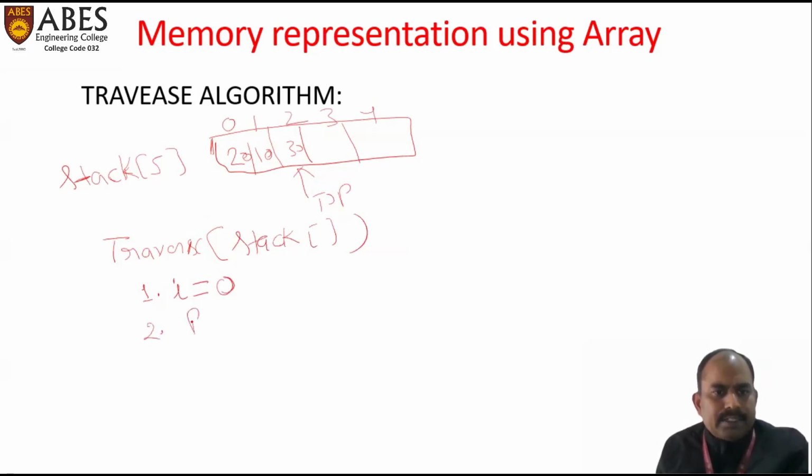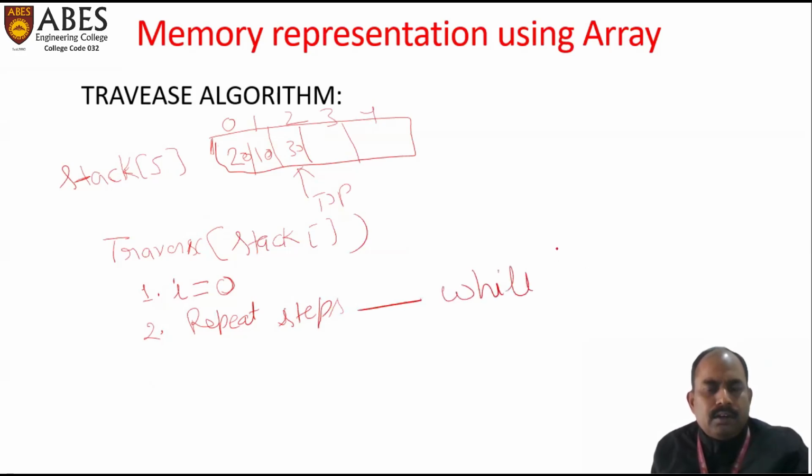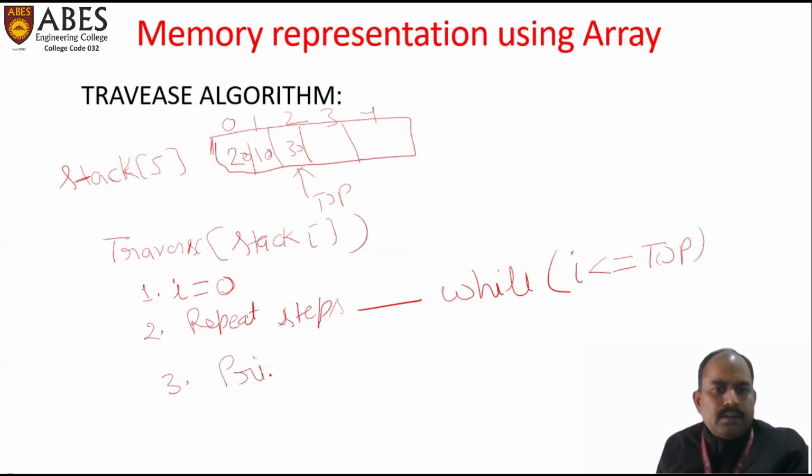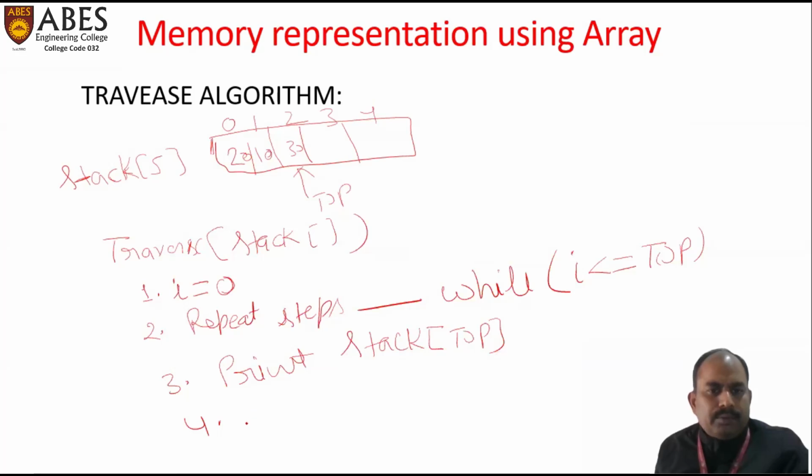Now, in the second step, we write: repeat steps while I is less than or equal to top. In the third step, print stack at I. In the fourth step, we increment the counter: I is equal to I plus 1. And in the fifth step, we perform the exit.